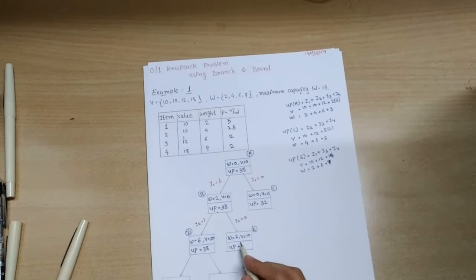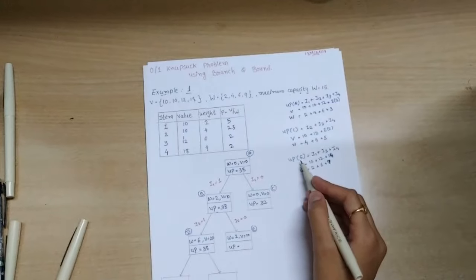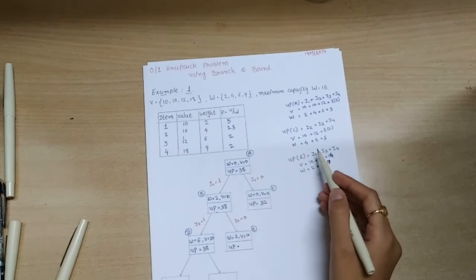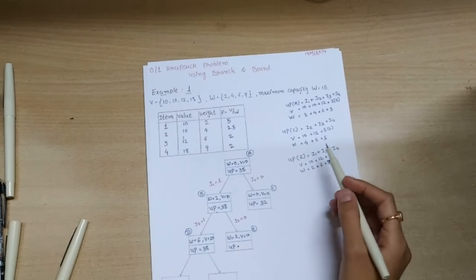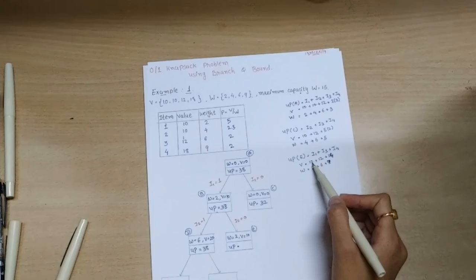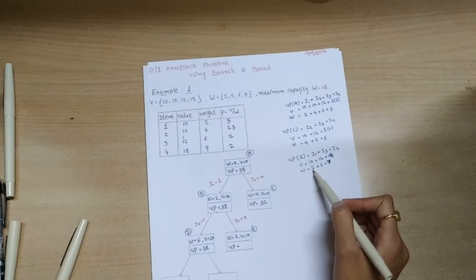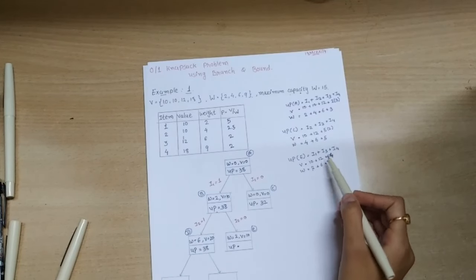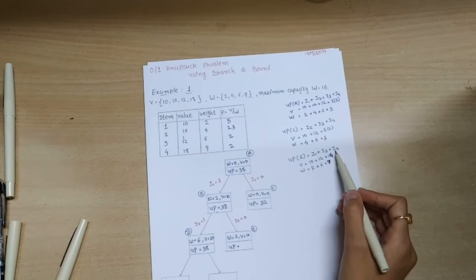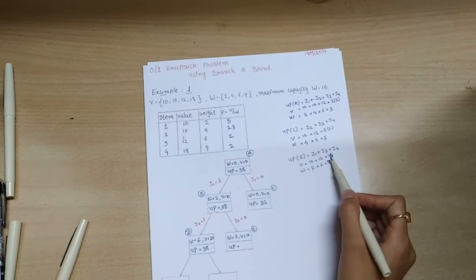Now we have to calculate the upper bound for E. Here we are not considering item 2, so the upper bound will be calculated as item 1 with value 10 and weight 2, item 3 with value 12 and weight 6, and item 4 with weight 7 and value 14.